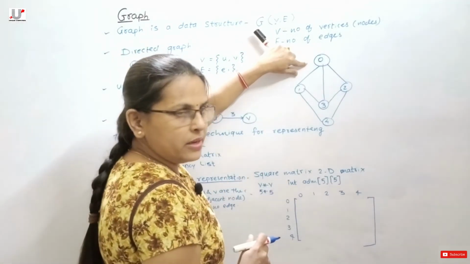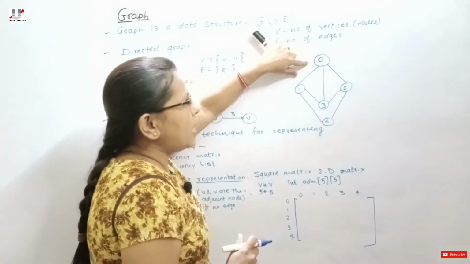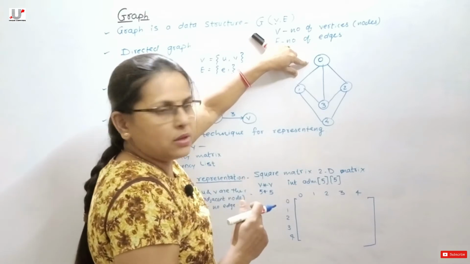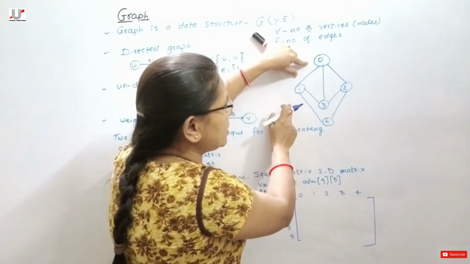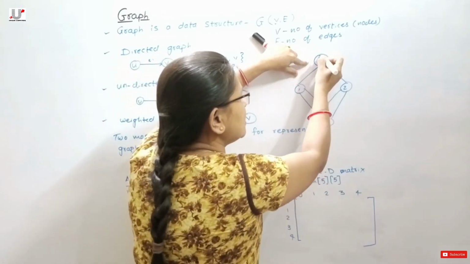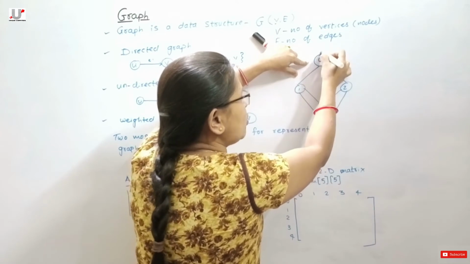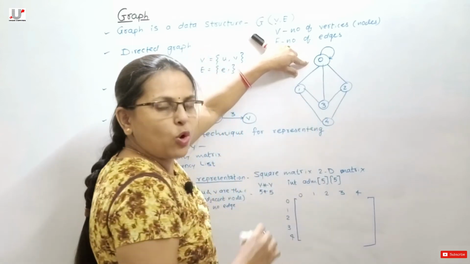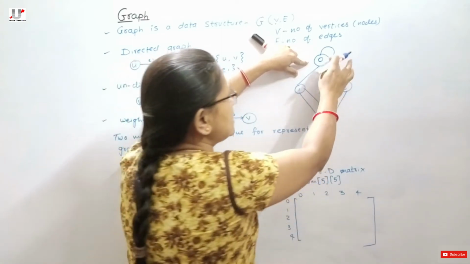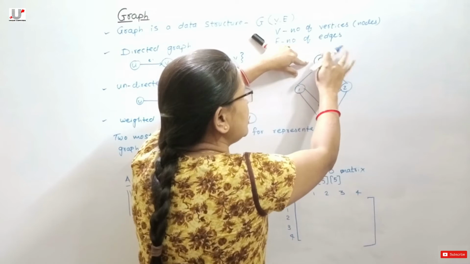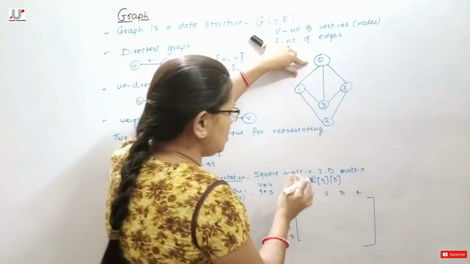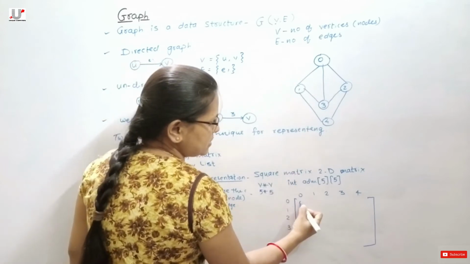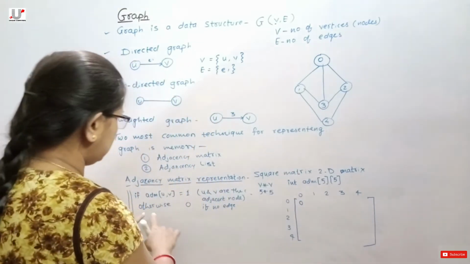Look at this matrix. First we have to check whether there is a loop in the given graph. A loop means an edge which originates and ends at the same node. As this graph doesn't contain any loop, from 0 to 0 there is no edge, so represent it with 0.